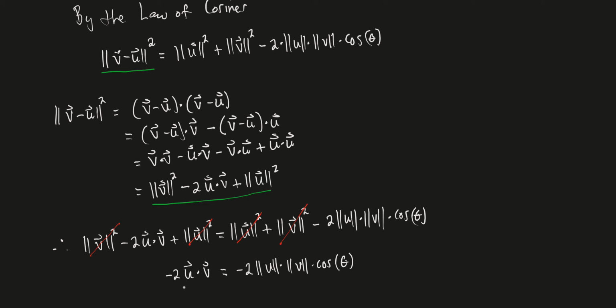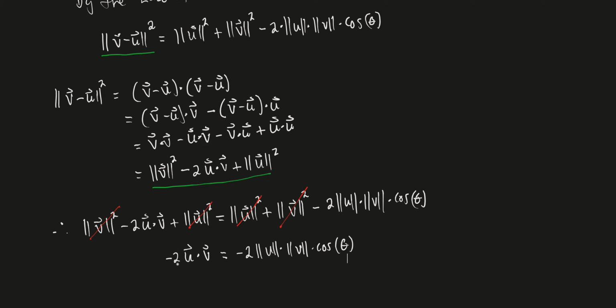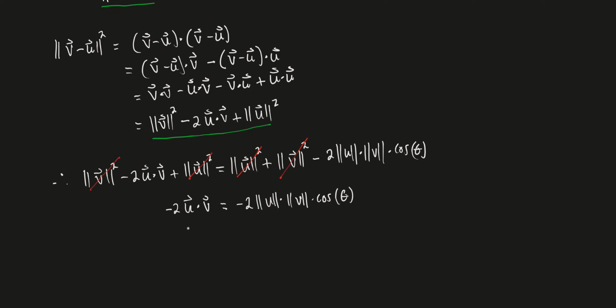Now dividing both sides by negative 2 gives us a really useful geometric formula for the dot product. So this tells me that u dot v is equal to the magnitude of u times the magnitude of v times the cosine of the angle between the two vectors. Let me box this off, this is a big one.